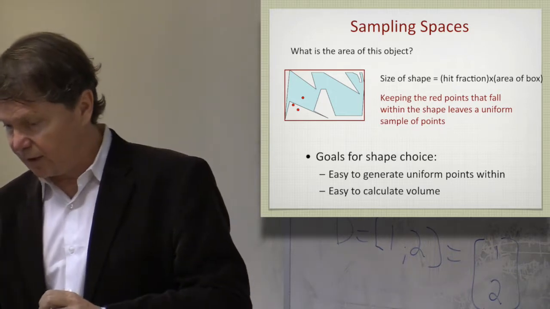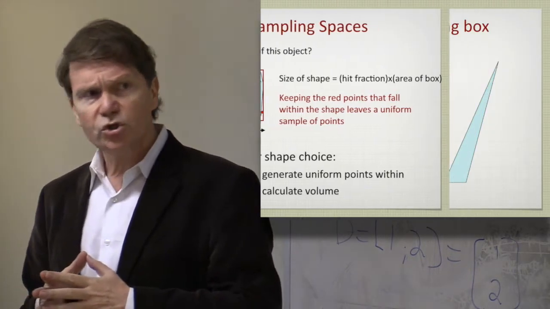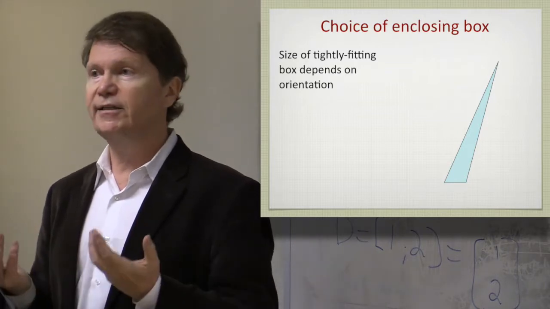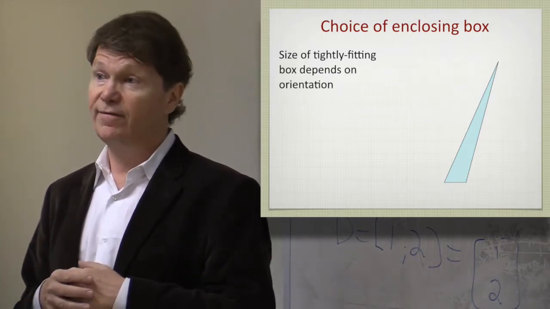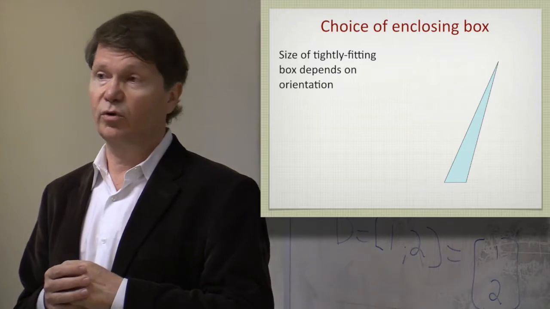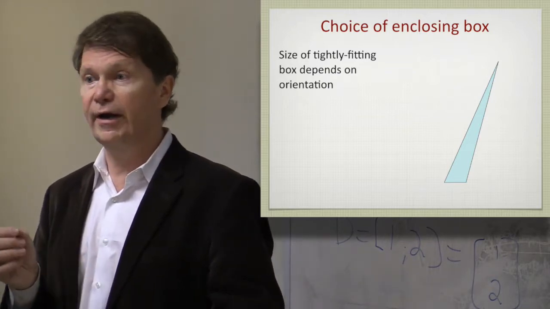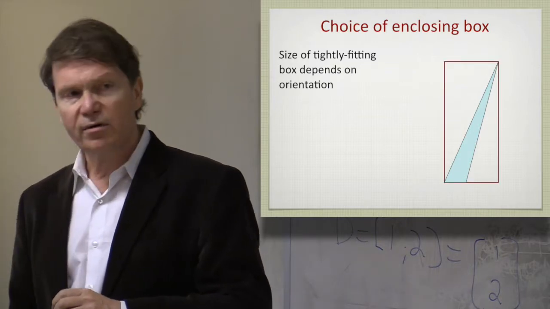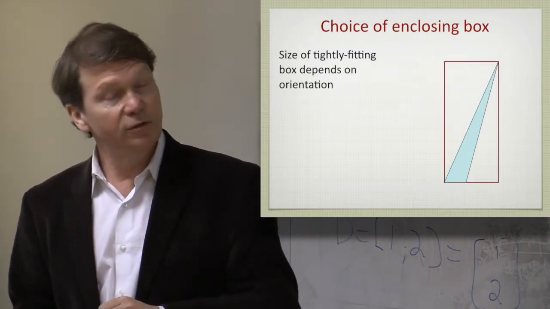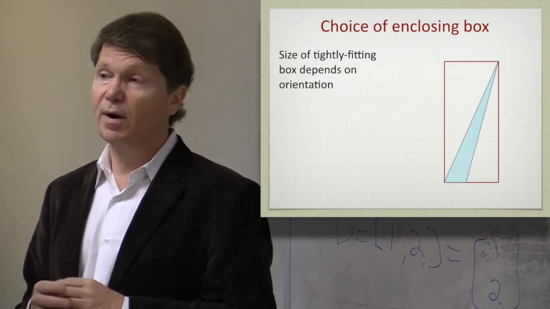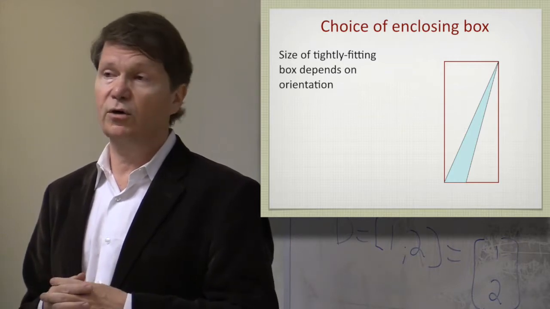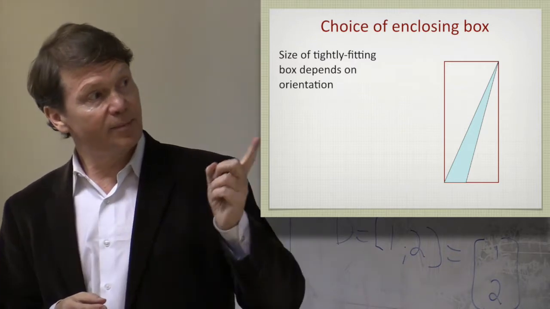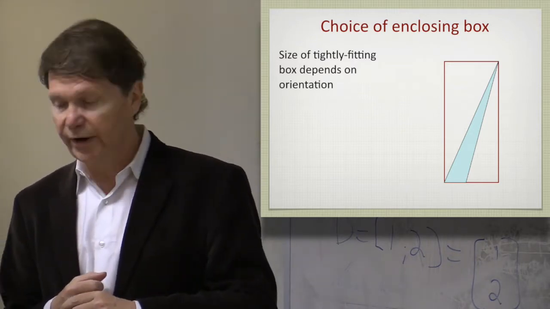So let's talk about that a little bit. So the solution spaces we are looking at exist at high dimensions, and they can have very odd shapes, like the one shown over here. This is a very long and narrow space. So I would like to put a box around it that fits it pretty well. So here's a box that is probably not a good choice because only a small fraction of that box represents that blue area.